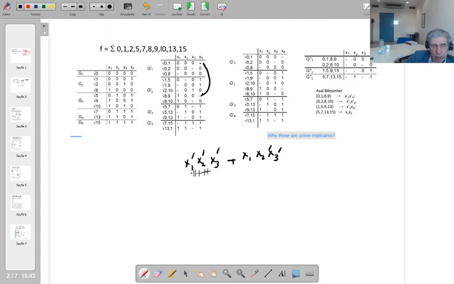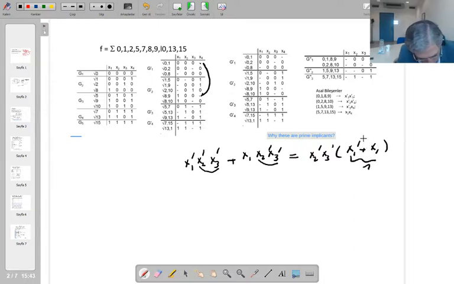So look at these two now. This tells me there is another elimination operation. Why? This x2 prime x3 prime is common in both of these product terms. Therefore, x2 prime x3 prime, in parentheses, x1 prime plus x1. So this gives me another variable elimination.